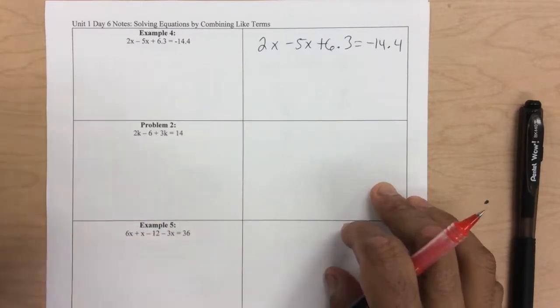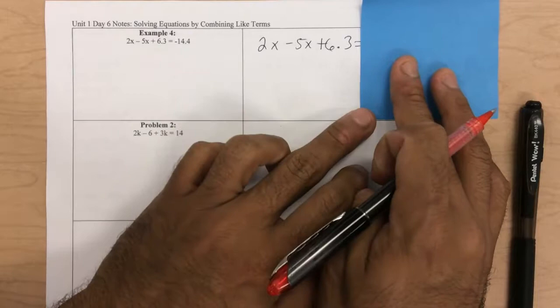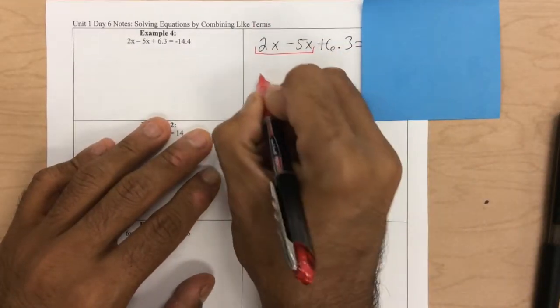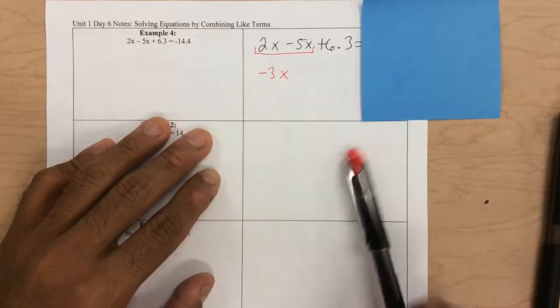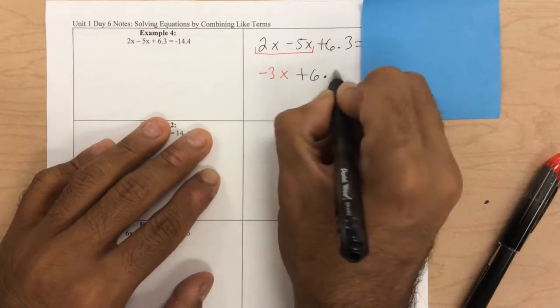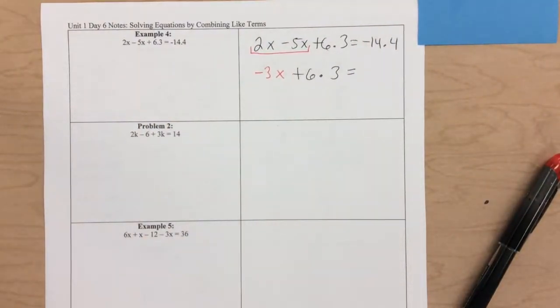Look at the left side of your equal sign and see if you can combine some like terms. Okay, I can. 2x minus 5x is negative 3x. Can I do anything with the plus 6.3? Nope. So bring it down and also bring down your equal sign. Do not forget that equal sign.